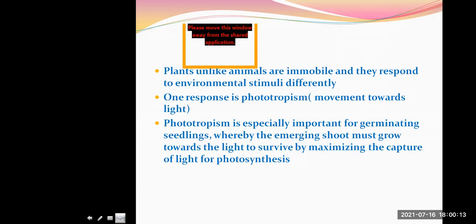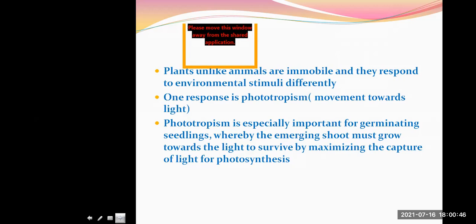Animals have locomotion and movement. When animals see unfavorable conditions, they move away from them and return again when favorable conditions return. But plants cannot do it. Still, plants have the ability to adapt to the environment and to respond to different stimuli.